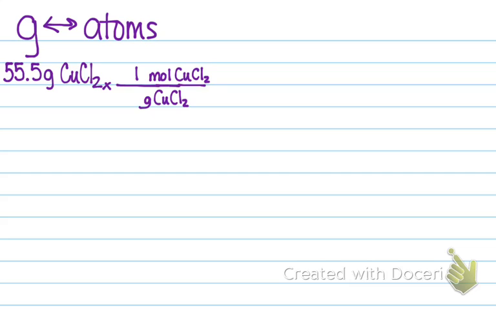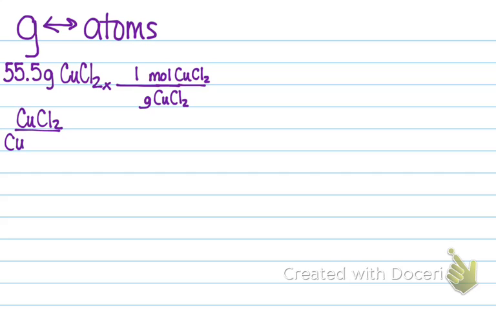Now, normally we would just look up the grams on the periodic table, but we have 2 elements. So I'm going to go down in my think area and say, okay, I have CuCl2, so I'm going to have to calculate the molar mass.